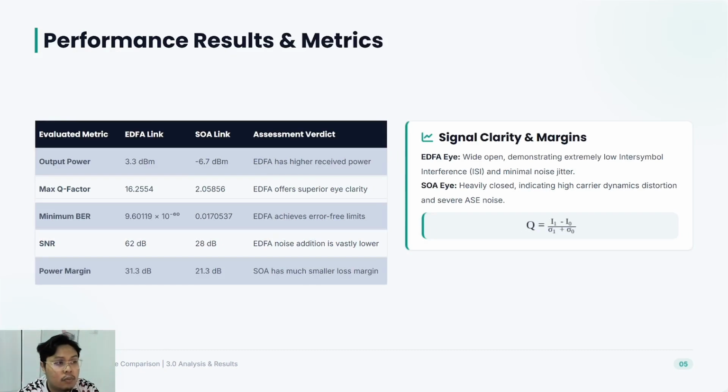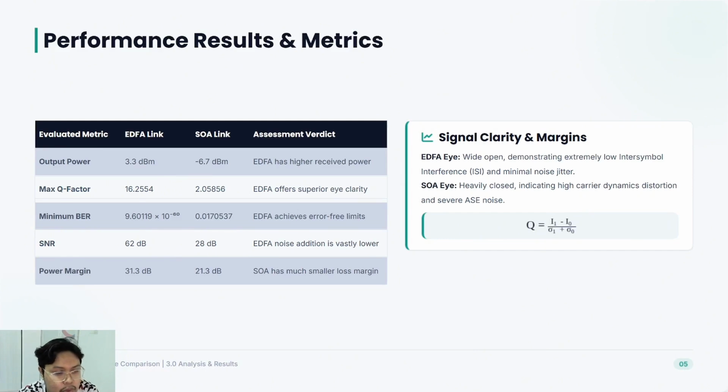Okay, next are the performance results and metrics. We can see the output power for the EDFA link is 3.3 dBm, and for the SOA link negative 6.7 dBm. EDFA has higher receiver power. For the max Q factor, EDFA is 16.2554 and SOA is 2.05856.